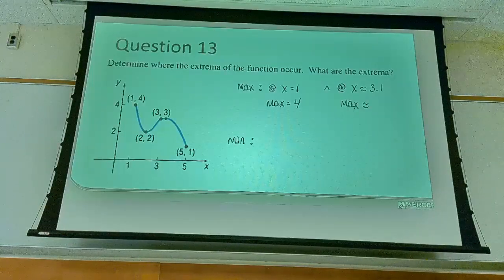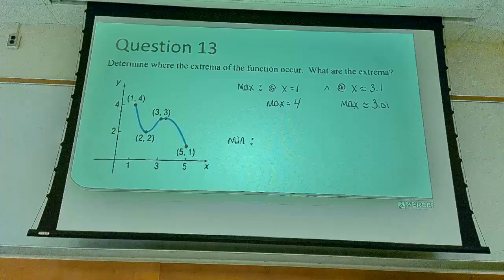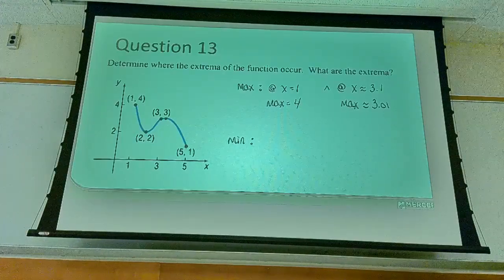Maybe 3.1. That looks more like 3.01 or something, because it's not quite as far up as it is to the right. Again, I'm pretty sure that's an oversight on the publisher. They probably intended for that point to be 3.3, the maximum, but I would argue it's definitely not based on that.